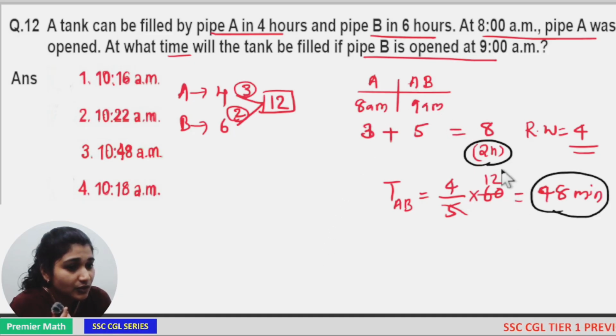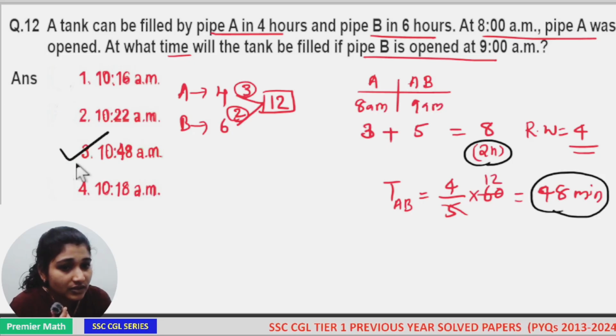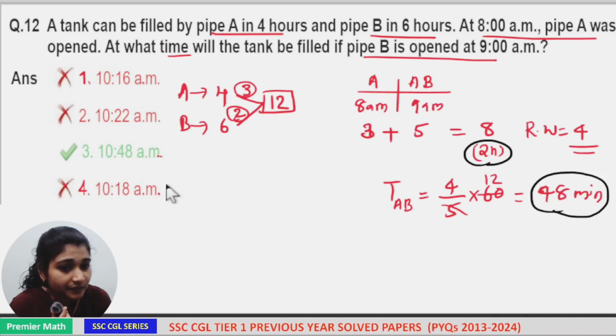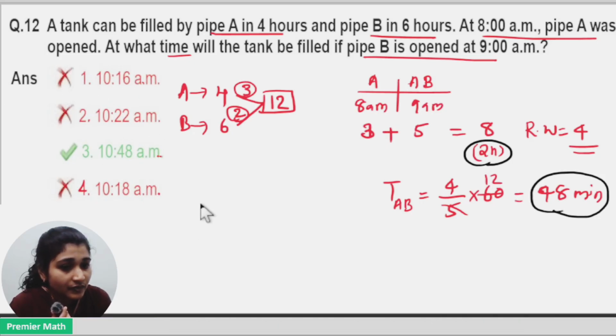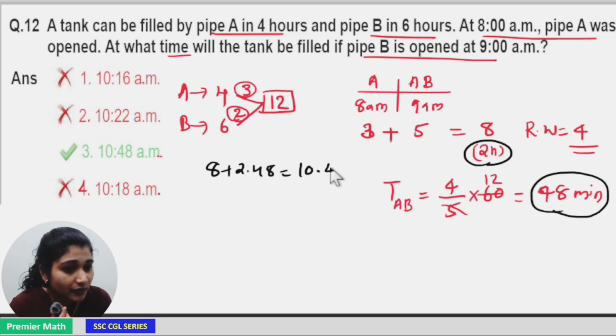So 8 plus 2 is 10, 10:48 a.m. Option 3 is your answer.